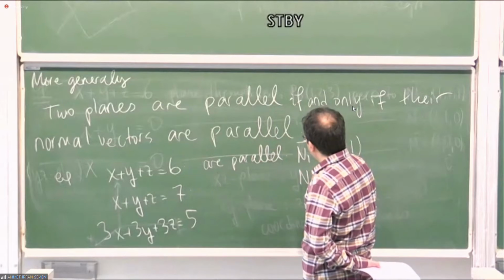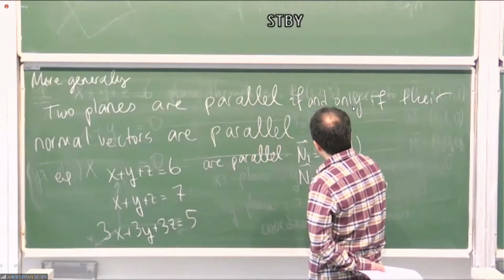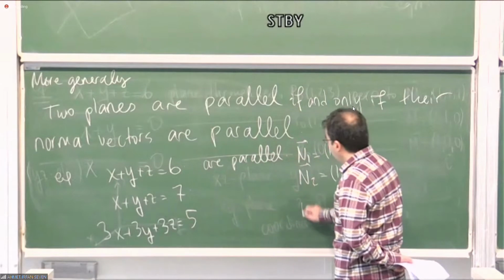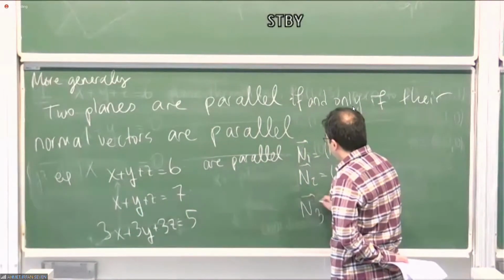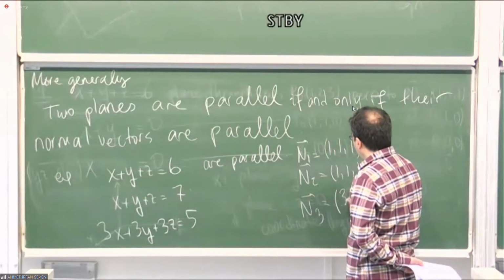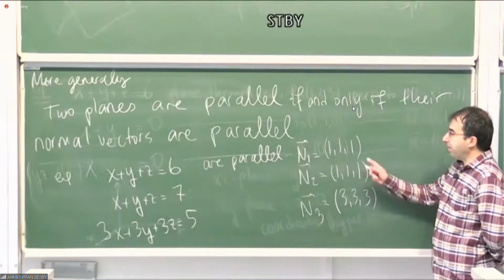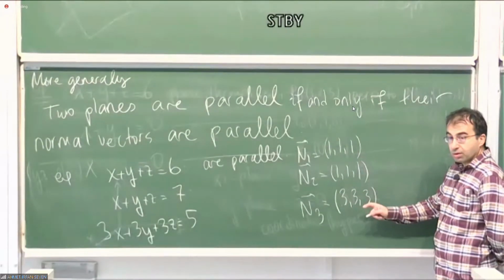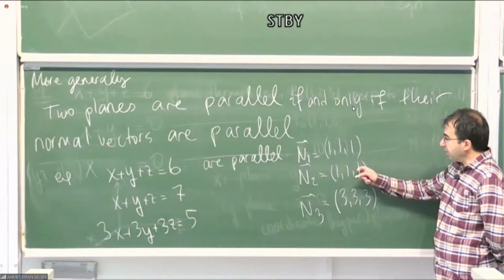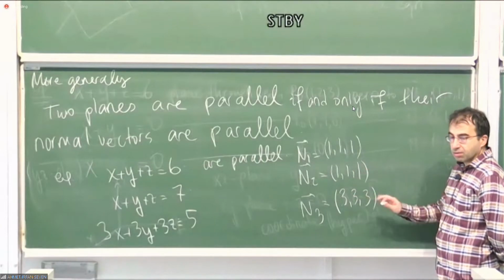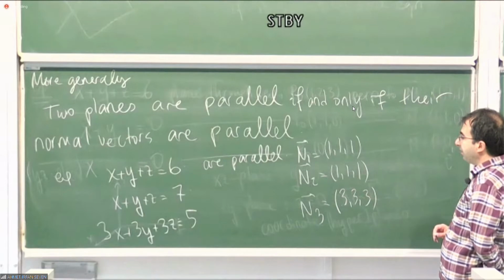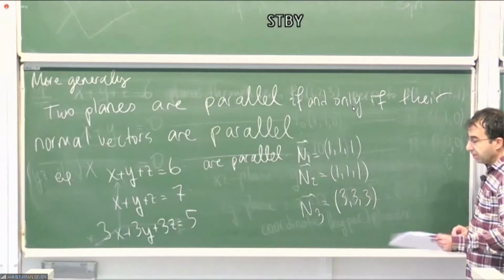The normal vector of the second one is also 1, 1, 1. The normal vector of the third one is 3, 3, 3, right? They are all parallel because this one is a multiple of the others. So two vectors are parallel if and only if they are multiples of each other.